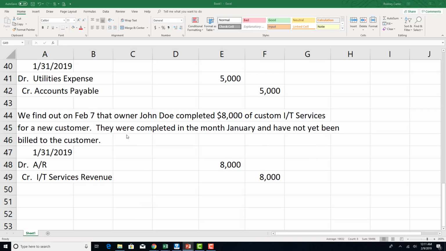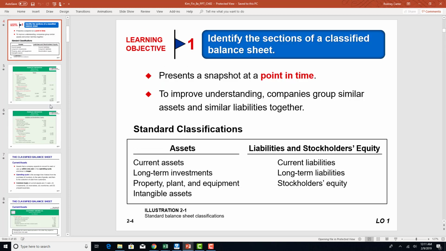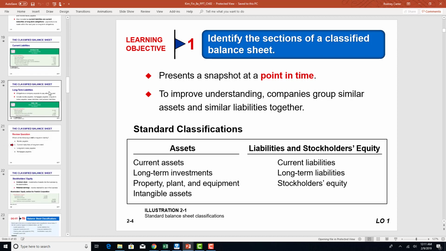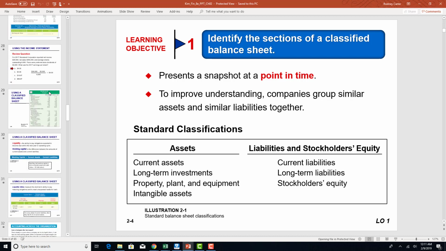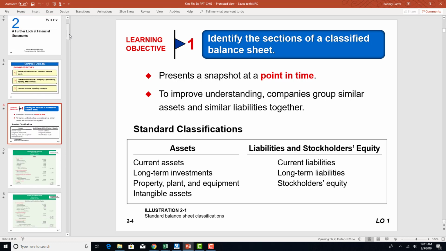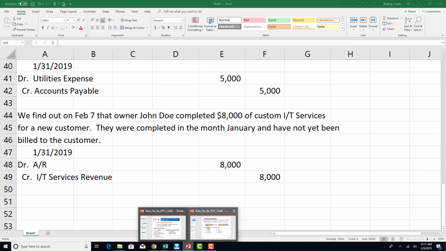Why do we do this? If our financial transactions are good and we complete all of our adjusting entries, then we have this opportunity to provide great value. Oh, I'm in the wrong slide deck. Give me 1 second.